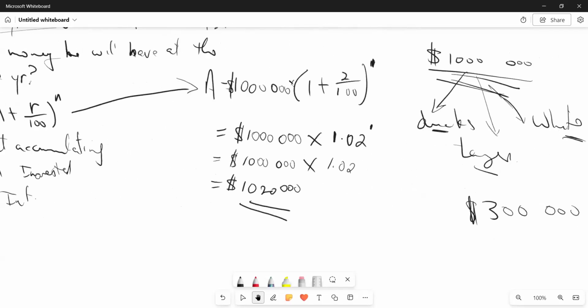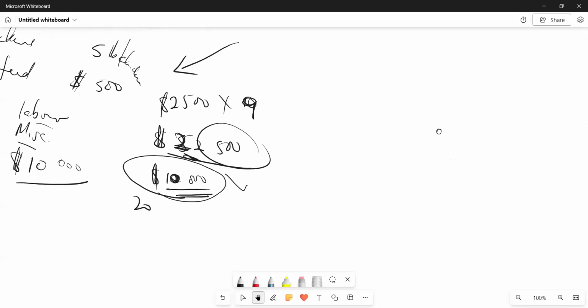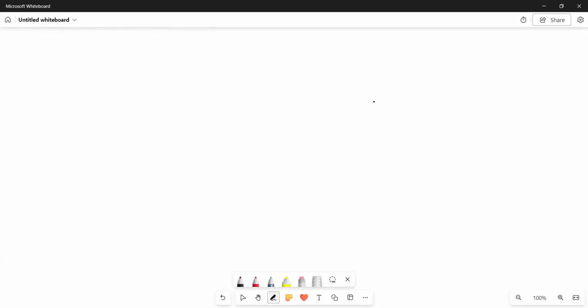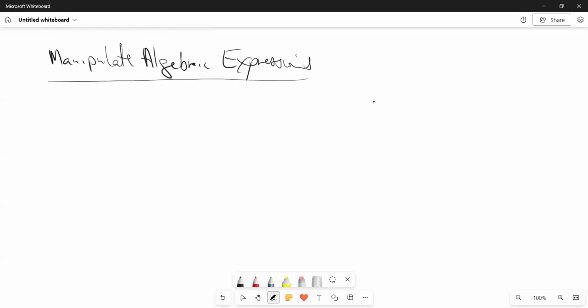So one of the things we want to get into is how do we manipulate algebraic expressions? How will we do that?